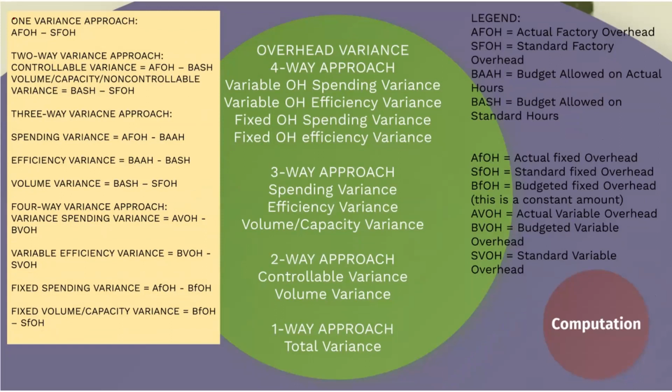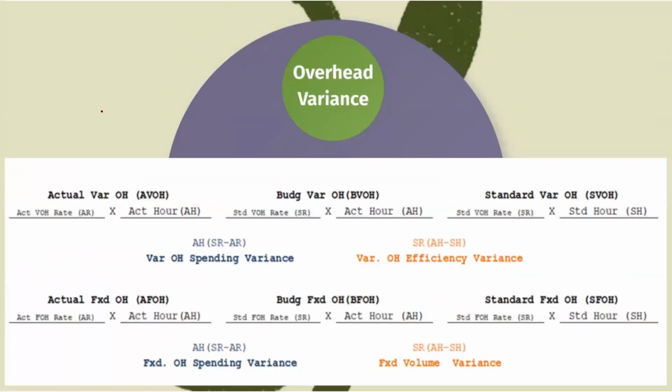You have the 1-way here. 1-way is the difference between your actual and your standard. Actual factory overhead versus the standard. Where is that here? It is this portion versus this portion. Okay, the whole of this. This is the whole actual and this is the whole standard.